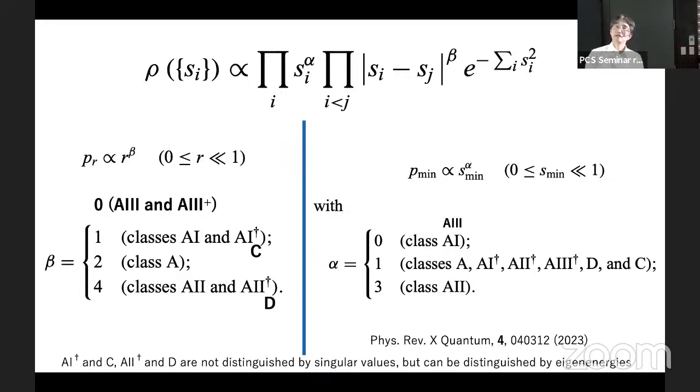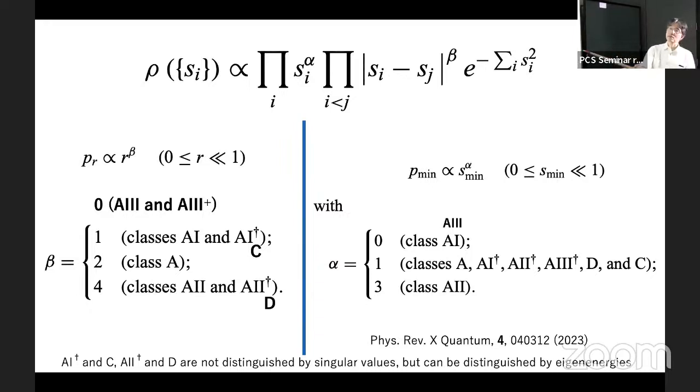Now, class A3 and A3 dagger are distinguished from the other classes. If we look at alpha, they behave differently. So we can distinguish A3 and A3 dagger from the other classes.